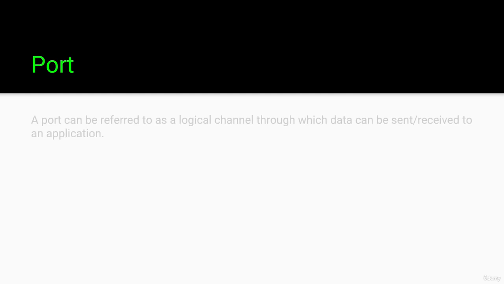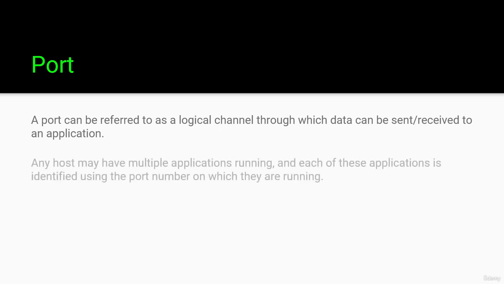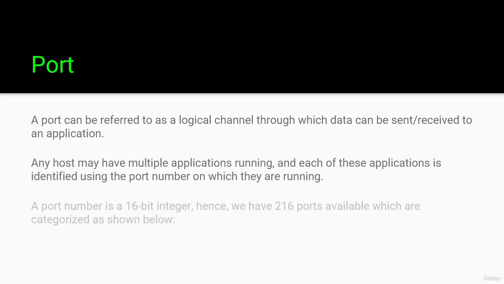We have the port. A port can be referred to as a logical channel through which data can be sent or received by an application. Any host may have multiple applications running, and each of these applications is identified using the port number on which they are running. A port number is a 16-bit integer, hence we have 2^16 ports available, which are categorized as shown below.